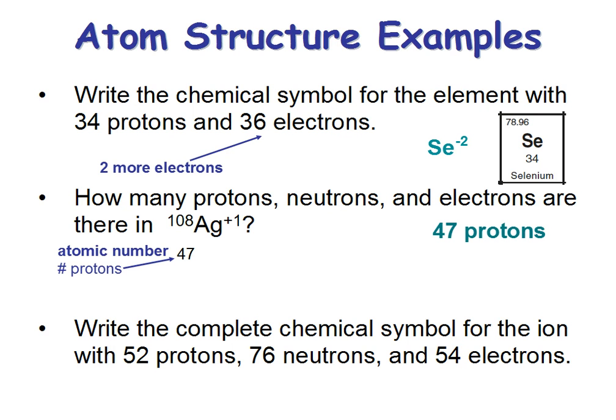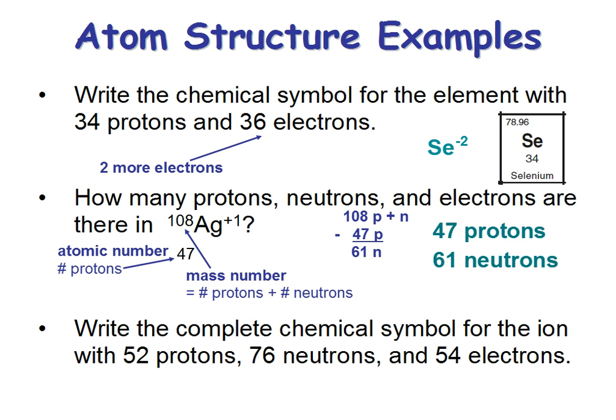The top number is representing your mass number, your protons and your neutrons. So to get the neutrons, I would need to subtract the protons away from 108. And when I do that, I get that there are 61 neutrons. And then I can use the charge to help me determine how many electrons there are. There's 1 more proton than there are electrons. Since I know how many protons I have, I can have my electrons go down by 1 from 47 to 46.